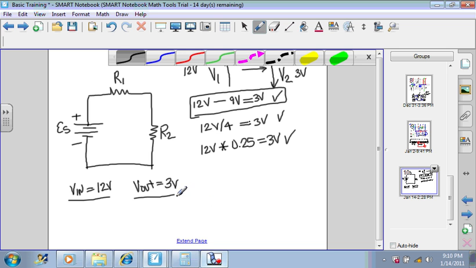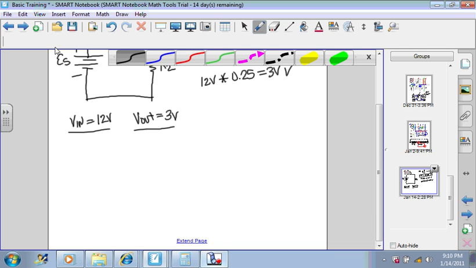When we start talking about input and output, we don't draw an energy source because we do not really care where the 12 volts come from.